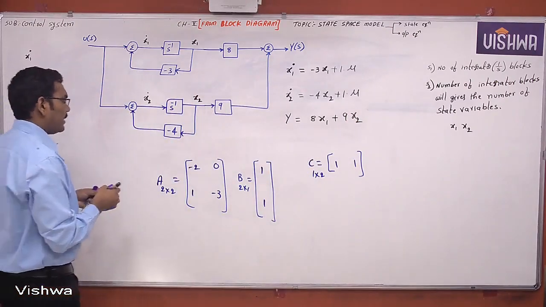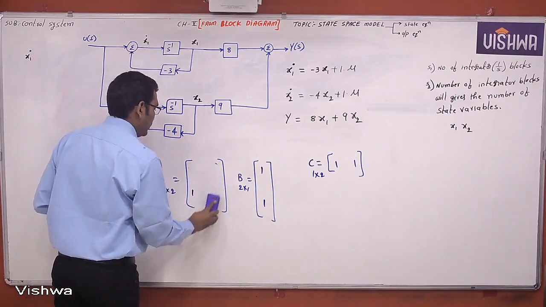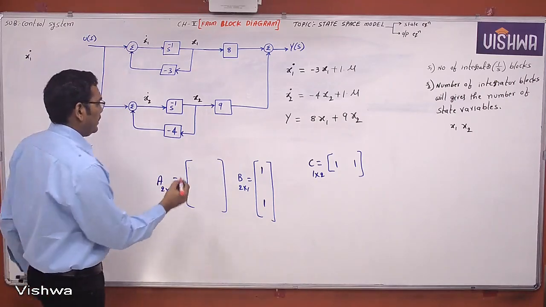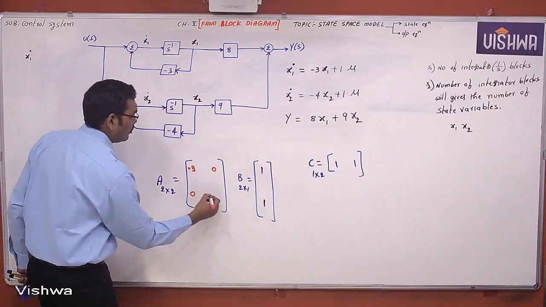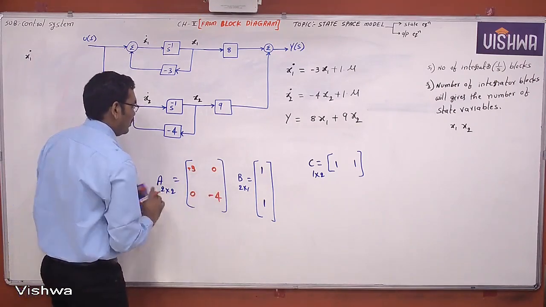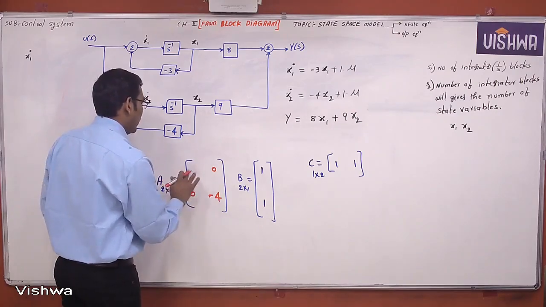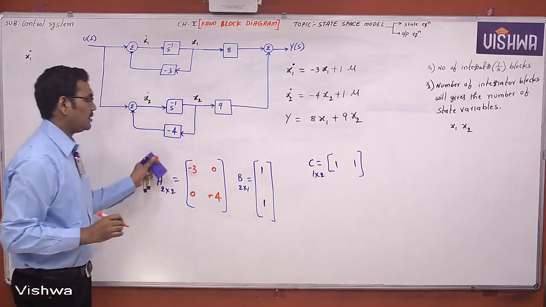So the A matrix order is 2 by 2. What is the first row of the A matrix and what is the second row? Tell me now. -3, 0. Now 0, -4. Anything you observed? If the coefficients are on the diagonal, this form is called the diagonal form.